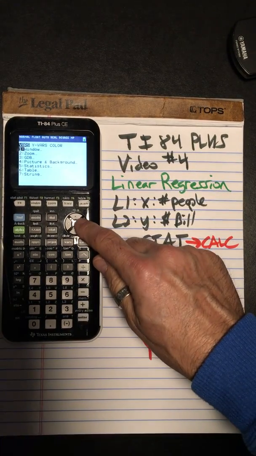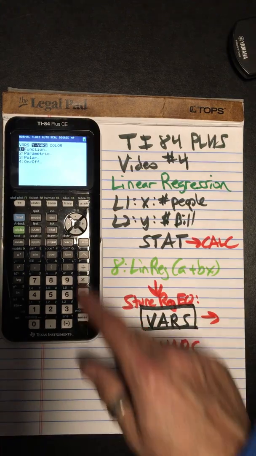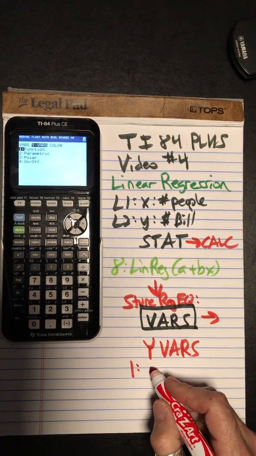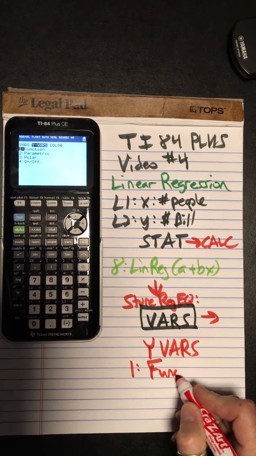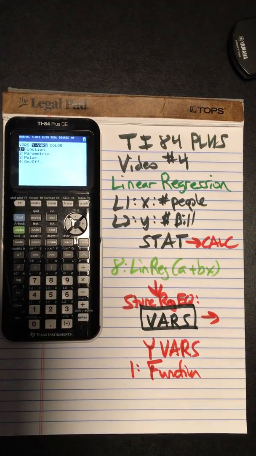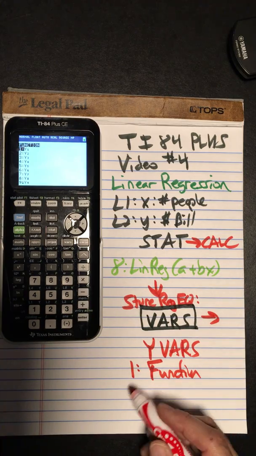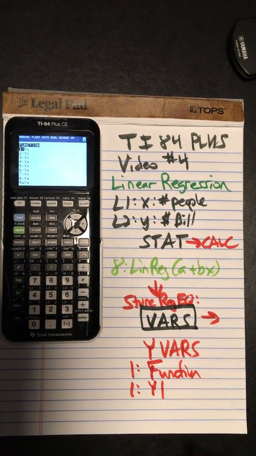In the Y Vars, you'll see that we have number 1, which is functions. And that's what this is. This is going to be a function to show a relationship between the number of people at a table and the final bill. We're going to press 1, and you'll see number 1 is for the storage area of the first Y equation.